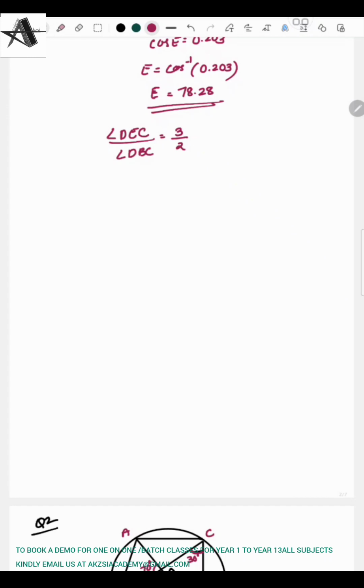In place of angle DEC, I can write 78.28 because that's the value of angle E. So 78.28 over angle DBC is equal to 3 over 2. From here, on cross multiplying, I'll get angle DBC equal to 78.28 into 2 over 3.